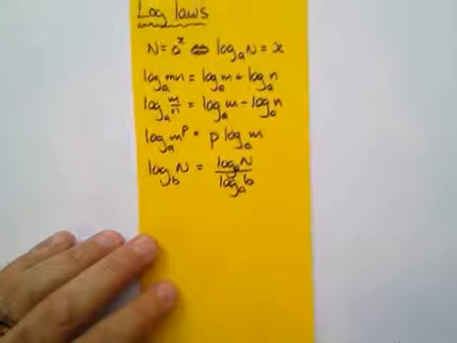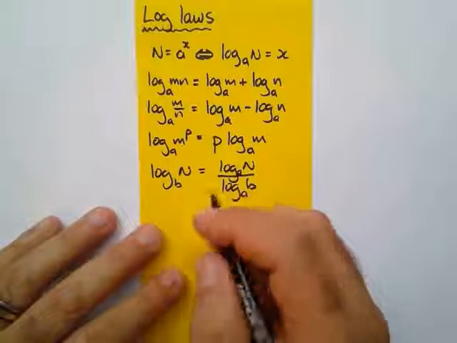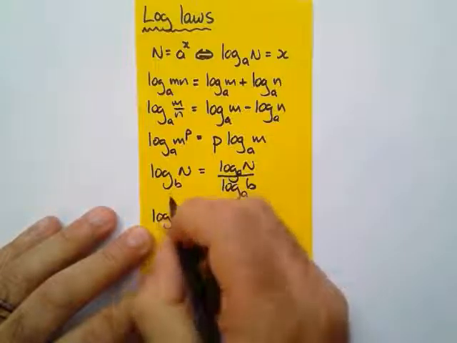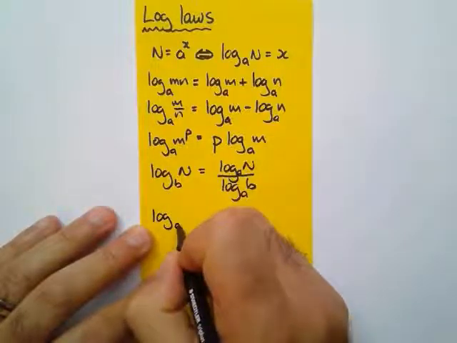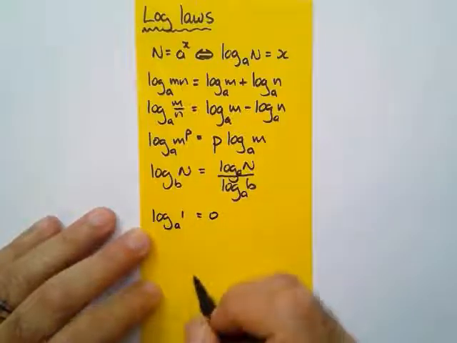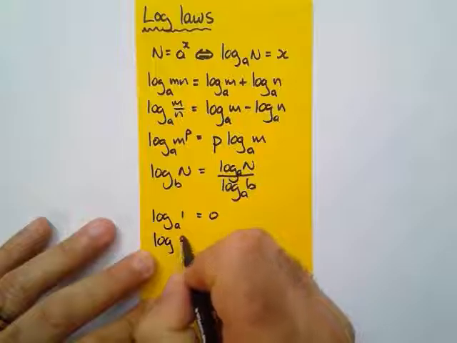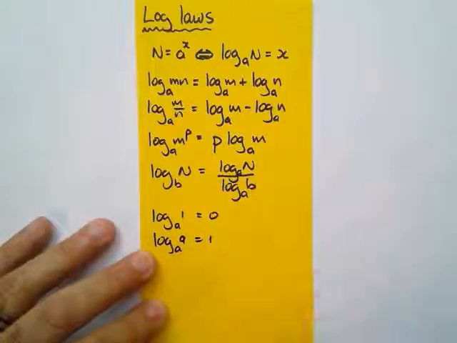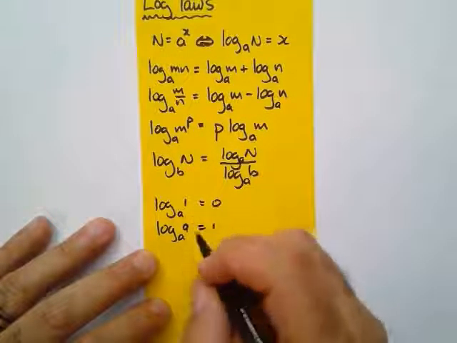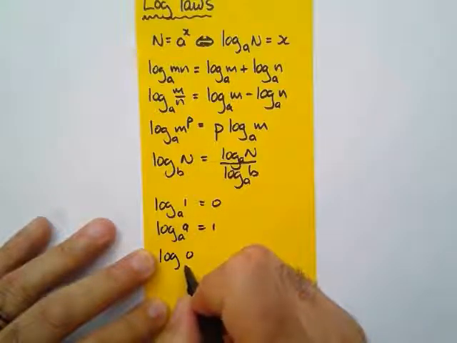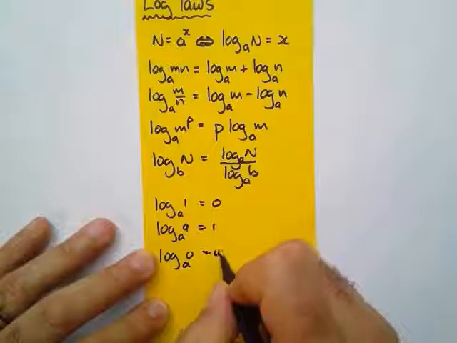Okay, I also would like to add to these the properties we discussed earlier on. So I'm going to say log of 1 to base a is 0. We have log a base a equals 1. We have the log of 0, that is undefined.